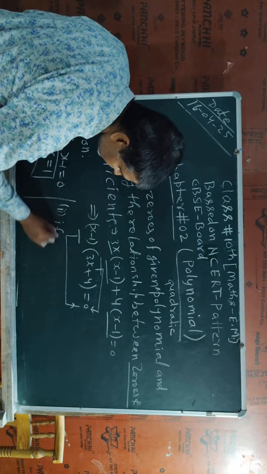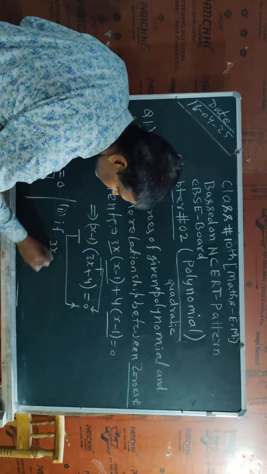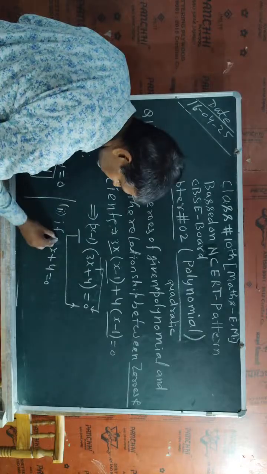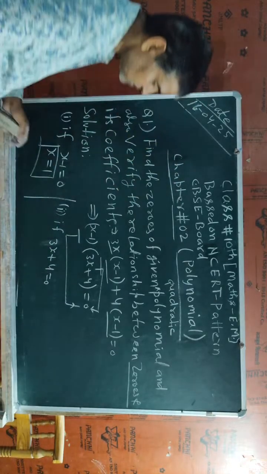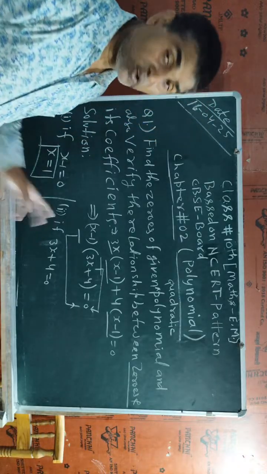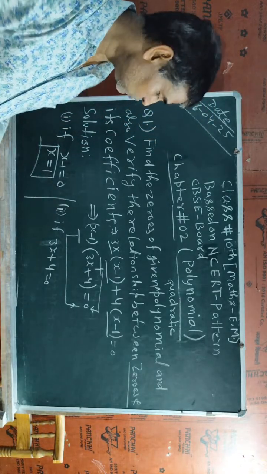If 3x plus 4 is equal to 0, this concept will come in each and every question. If you know it clearly in one question, you can easily solve the other questions.